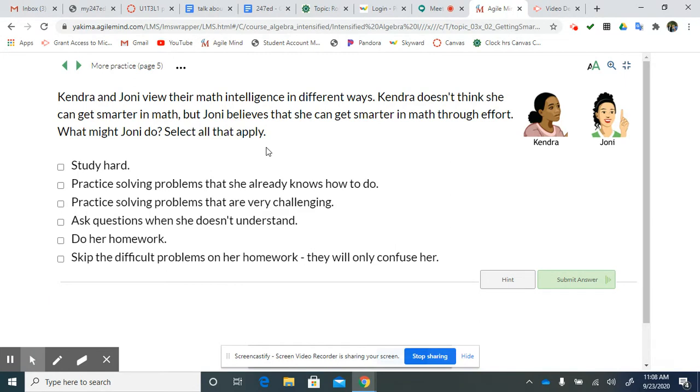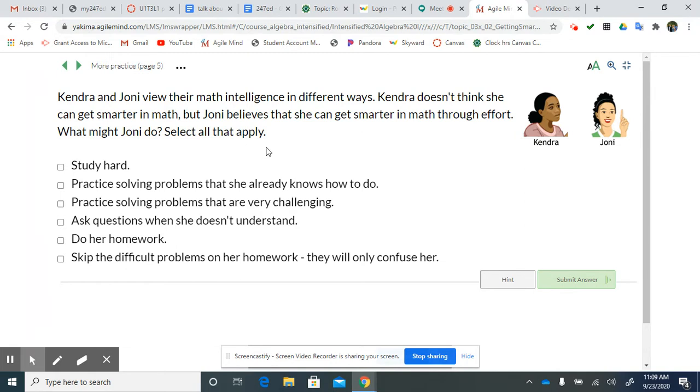Well, true, but what if I asked you what 2 plus 2 is? And then every day I asked you what 2 plus 2 is. I mean, if you know it, right? Okay, so if you want to write down practice solving problems that you already know how to do, go right ahead.